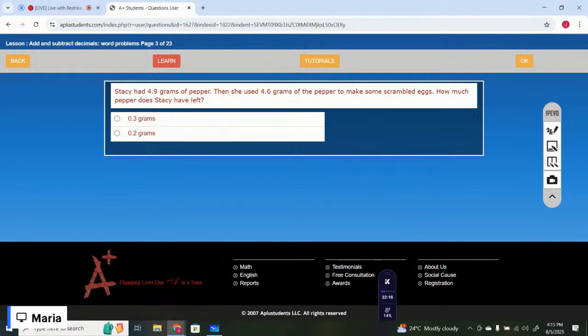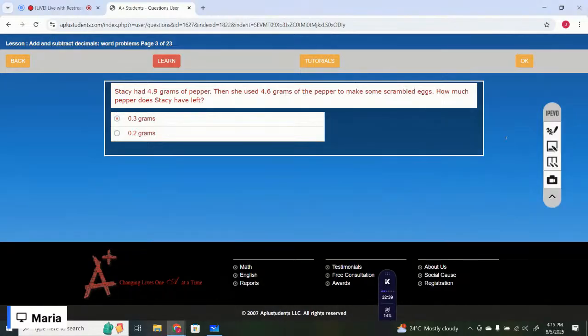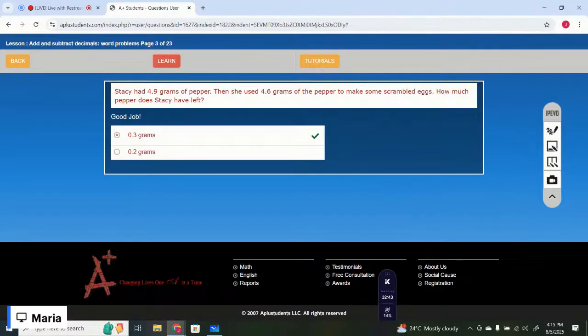So 4.9 minus 4.6. 9 minus 6 is 3, that is 0.3 grams. Option number 1 is the correct option, that is 0.3 grams.